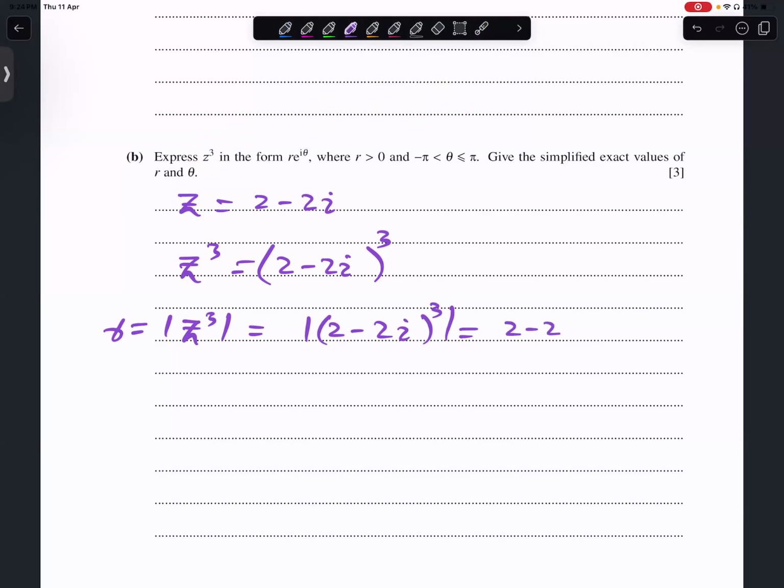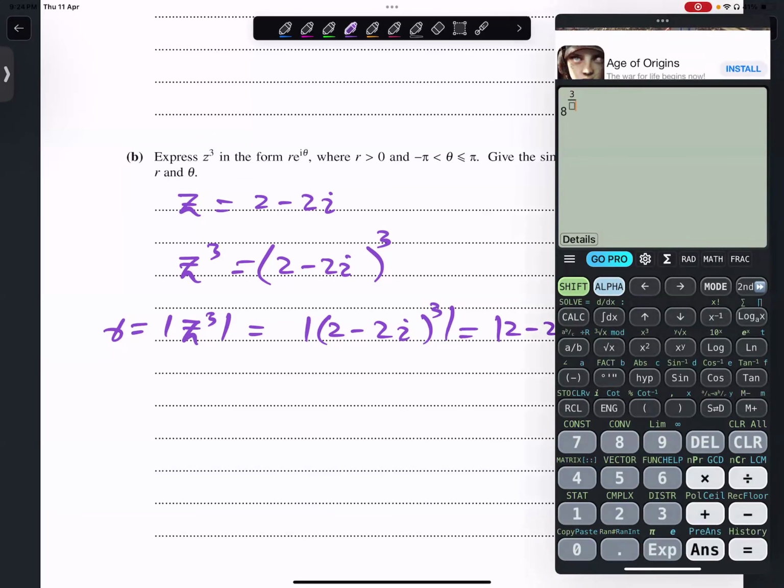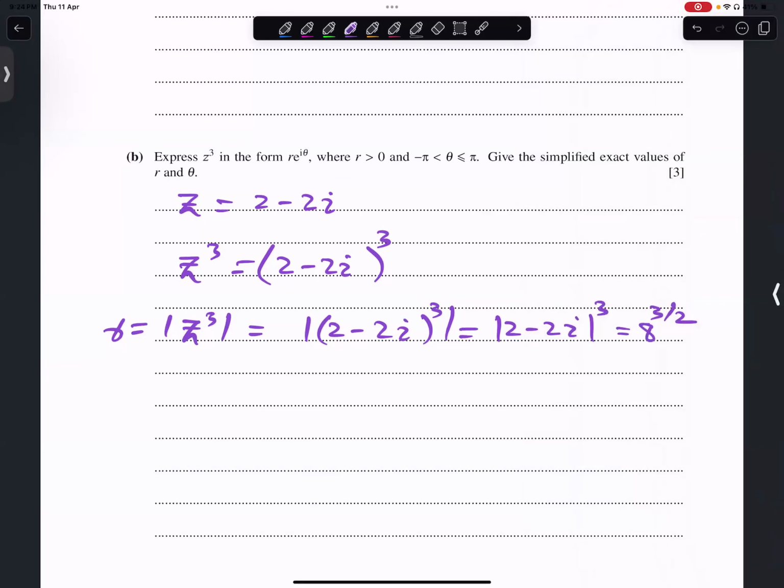So take mod first and then power. So 2 square plus 2 square is 8. So root 8 means 8 power 3 by 2. Let's see what the calculator will tell you. 8 power 3 over 2 will be 16 root 2. So r is 16 root 2.